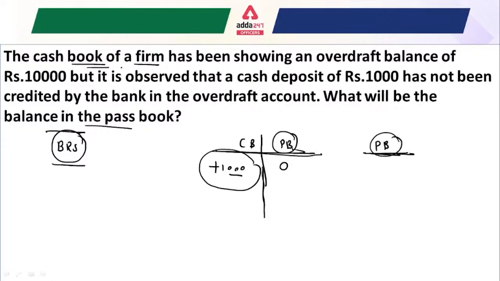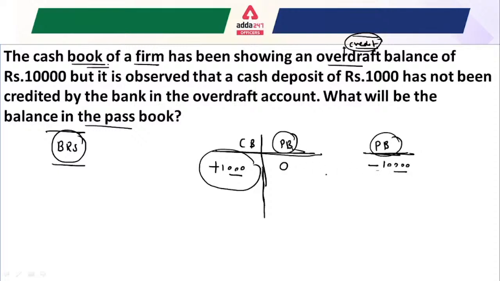While the cash book overdraft balance is given as 10,000, whenever you find overdraft or credit balance of any form, you always have to use the negative figure. So that will be considered as 10,000 rupees with a minus figure, so we write here minus 10,000.